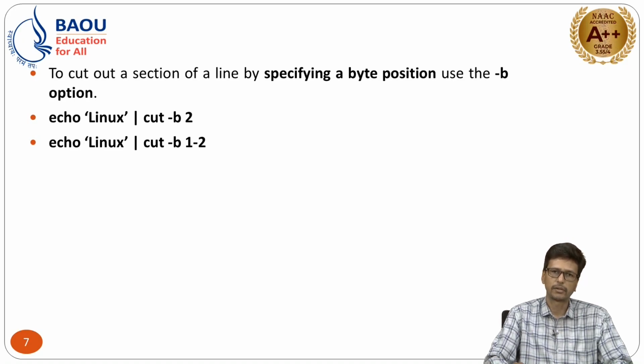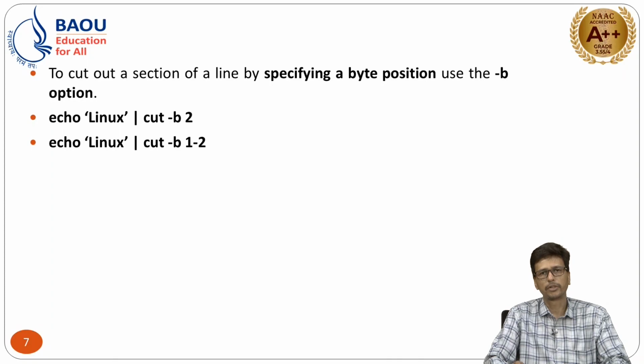So I am extracting some characters with the help of the byte criteria, so you are requiring option B. You can observe echo, then the string, then the pipeline symbol, then the cut command, then B, that represents the byte, and then 2. Whenever you execute this command, only the second byte character will be displayed.